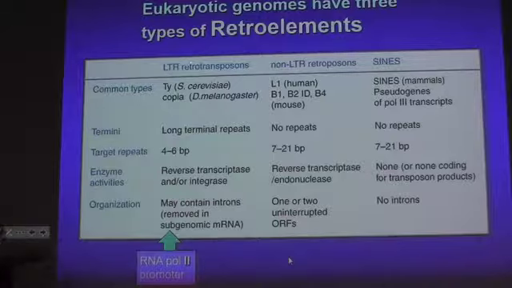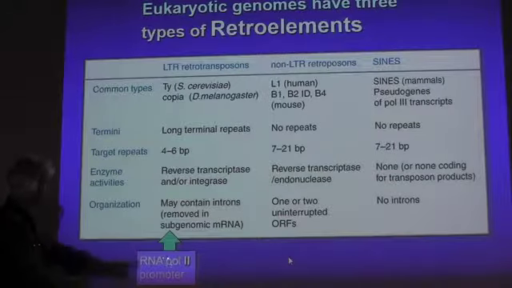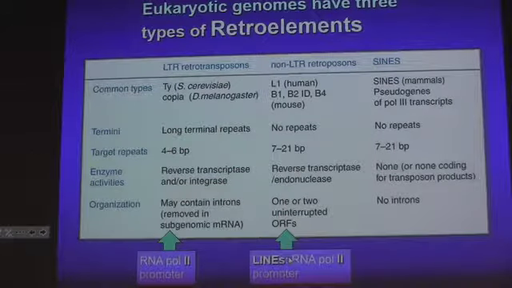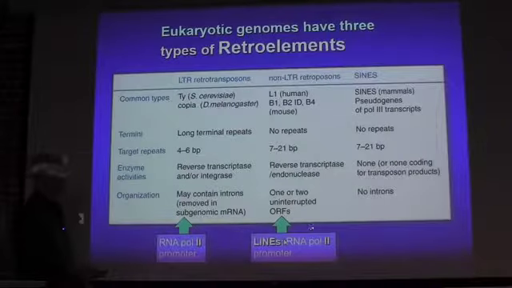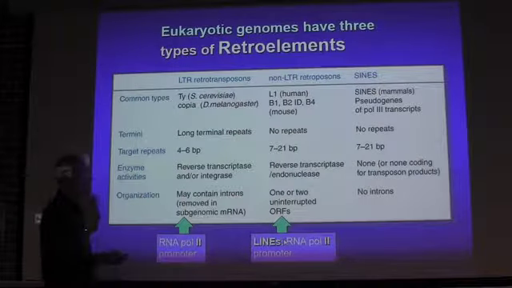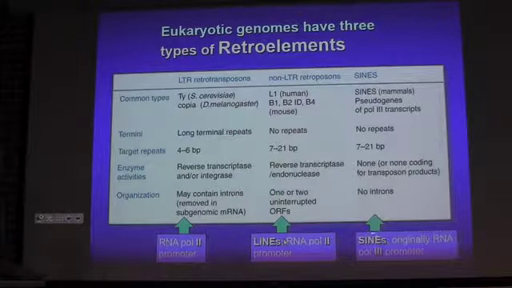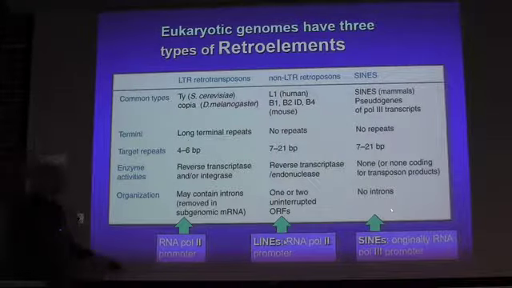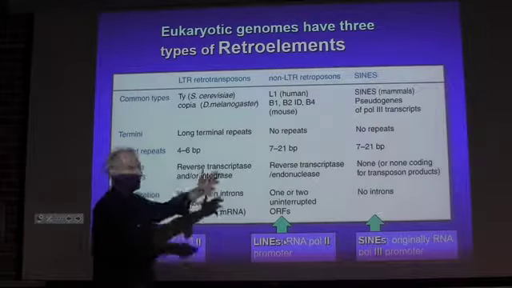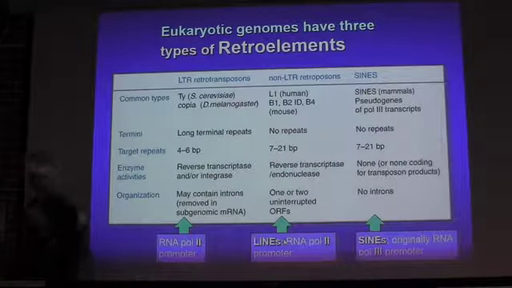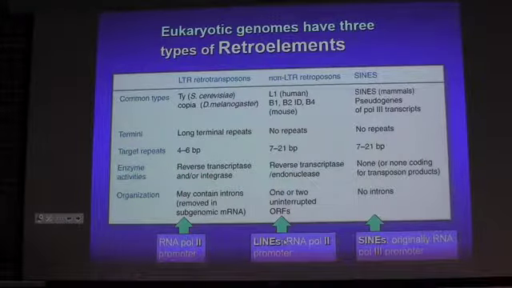These retrotransposons use RNA polymerase II as a promoter. LINEs use Pol3 as a promoter. The SINEs, this is the tricky part. The RNA that they look like was originally a product of Pol3.